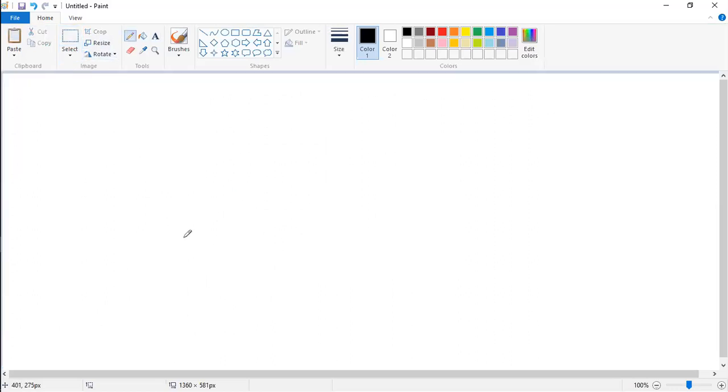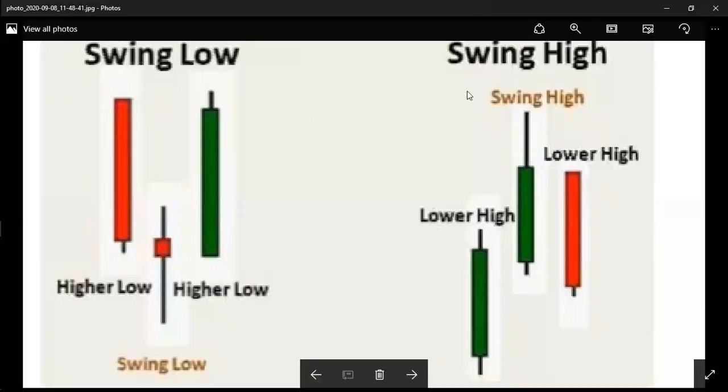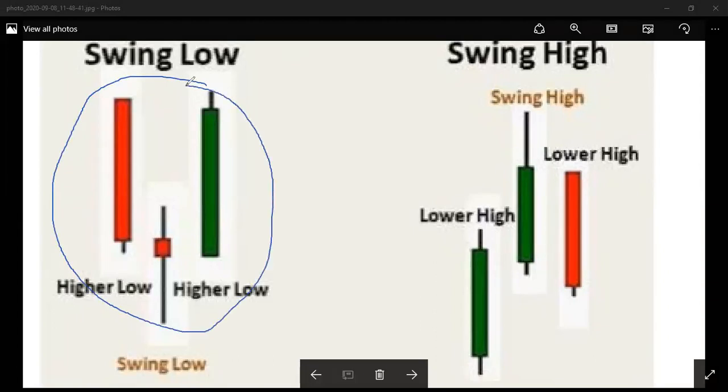When we have higher highs and higher lows, what are we looking for? We are looking for this three candle pattern. When we say a higher low, we are looking for this 1, 2, 3.